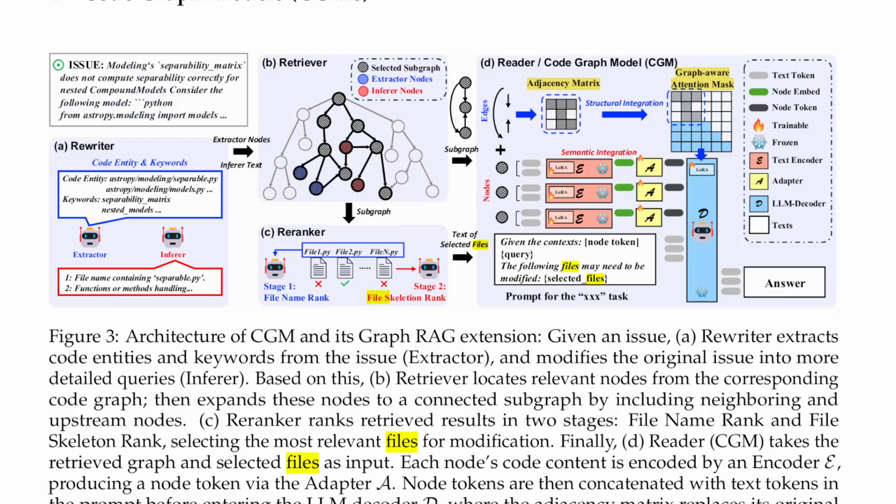And alongside that, it receives the full textual content of just those selected top K files, presented as traditional text tokens. This provides the deep, precise local detail needed for modification. So it gets both the big picture structure and the fine-grained detail of the most important files. Precisely. This powerful combination of global structural context and focused local code content allows CGM to generate the final corrected code patch or the new feature implementation.